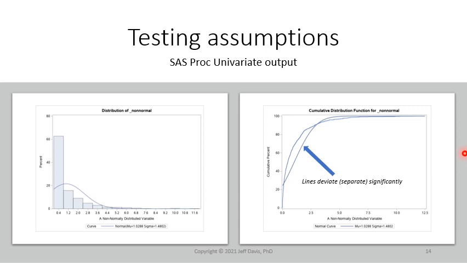So we have numerical evidence, and now we have visual confirmation that the sample we're using for this example is not a good fit to a normal distribution.